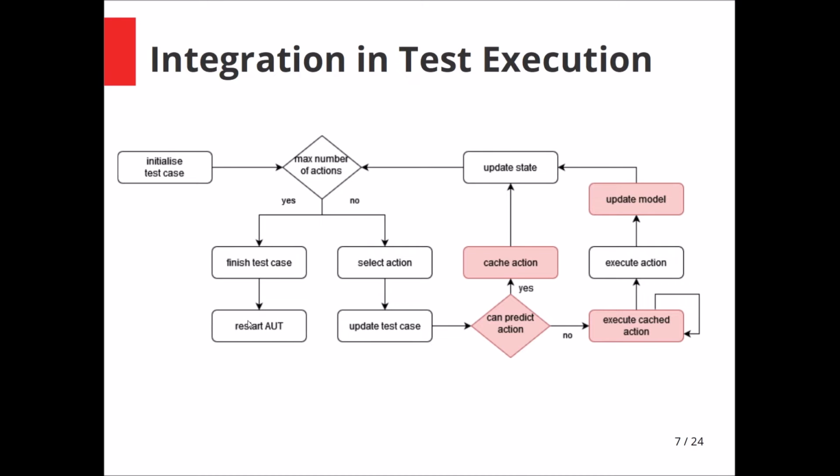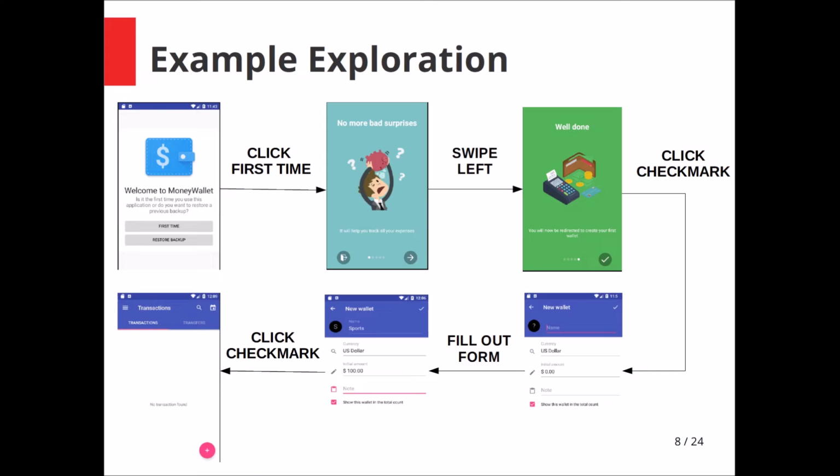Now let's move on to the preciseness of the surrogate model by going through an example. Here we can see a couple of states of an app called Money Wallet. We can reach a particular state by following the action transitions. If we click on first time, we reach the state in the middle. Swiping left brings us to the next state.